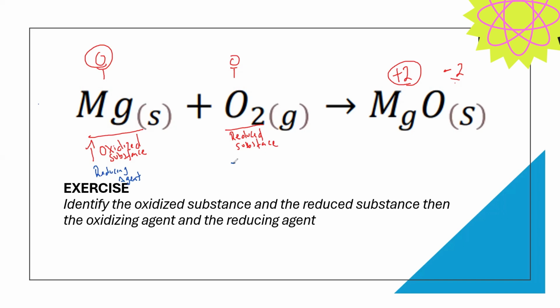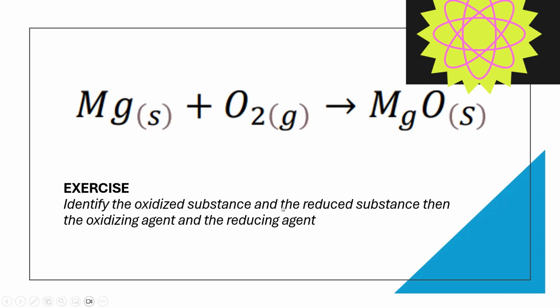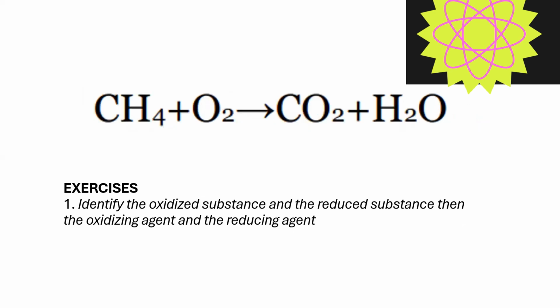And in this case, what is oxygen? Oxidizing agent. Do me a favor, please. Identify the oxidized substance and the reduced substance, then the oxidizing agent and the reducing agent.